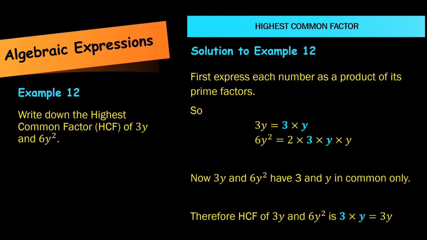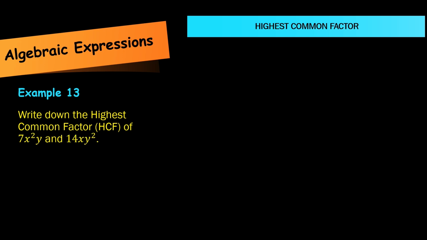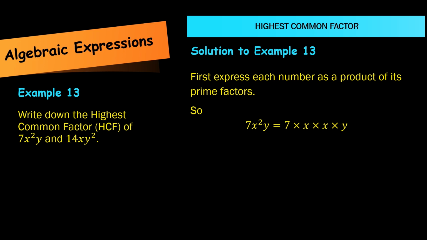Here, we are required to write the highest common factor of 7x squared y and 14xy squared. So let's solve this. Again, writing each expression as a product of its prime factors gives us that 7x squared y equals 7 times x times y.